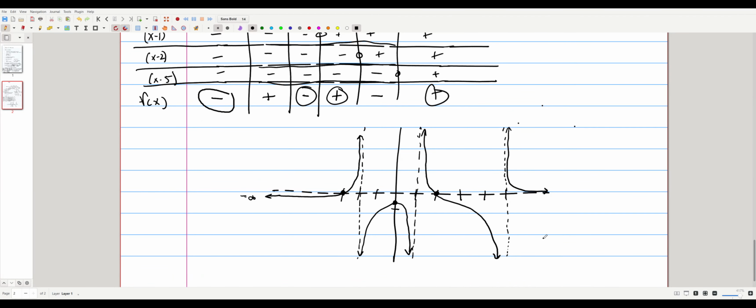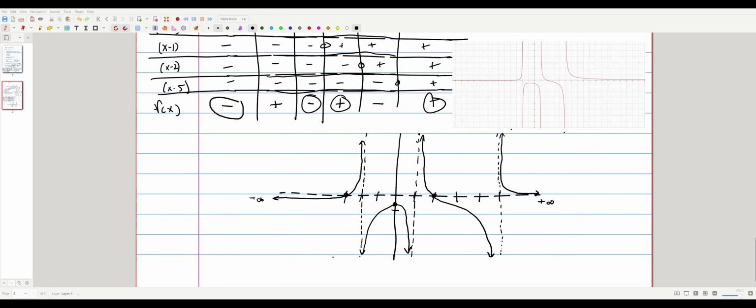And so this is a pretty good sketch, and so I will place a picture of what it looks like graphed on a graphing tool in 1 second.